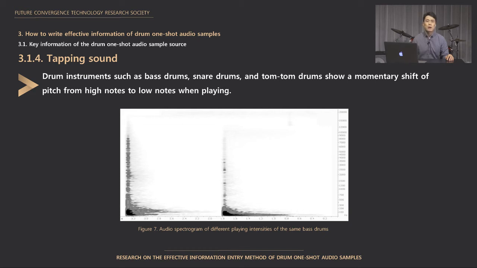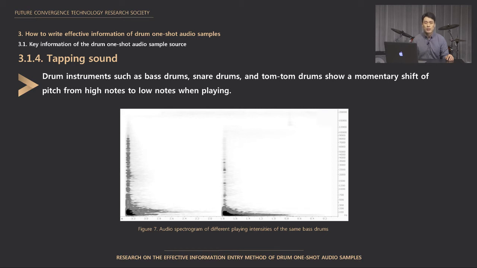This phenomenon occurs due to the process of rapidly retuning to the original sound by pressing the head at the moment of the stroke. At this time, the degree of increasing tension is proportional to the strength of the stroke.